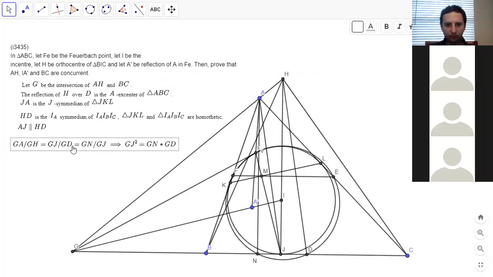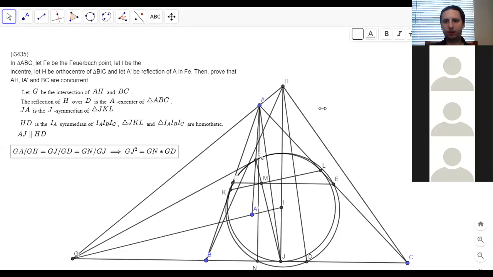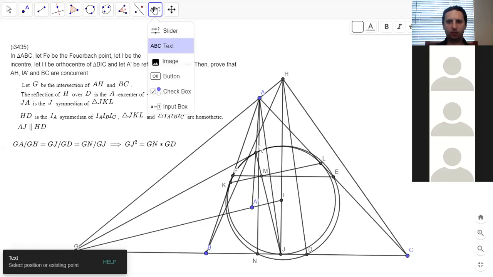So GJ squared is GN times GB. It's GN over GJ. Why is GJ over GD equal GN over GJ? Well, because those two are both perpendicular, yeah. So G lies on the radical axis of, okay, all right. Because it has the same power with respect to both of them.